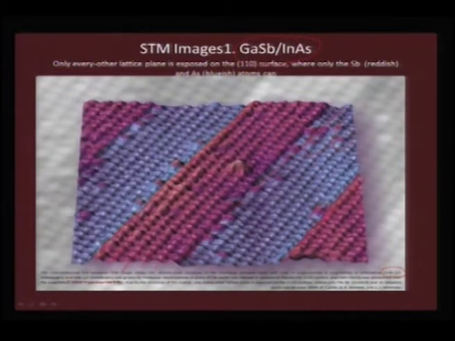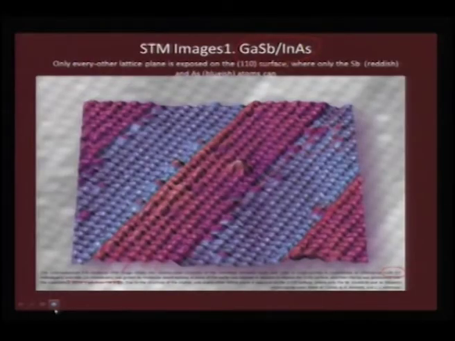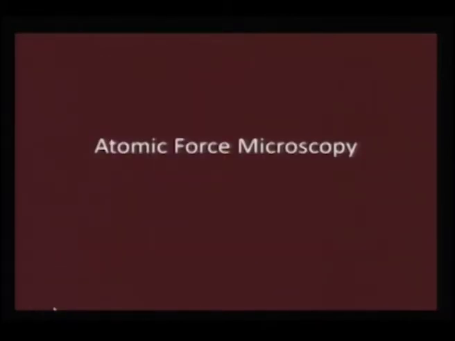Especially in semiconductor physics, this interdiffusion of antimony or arsenic is very detrimental. Therefore, STM can map and tell you whether you are growing sharp interfaces or not. This is very vital, and in this case what is seen is not the gallium and indium ions, it is just the arsenic and antimony layers that you can see here.